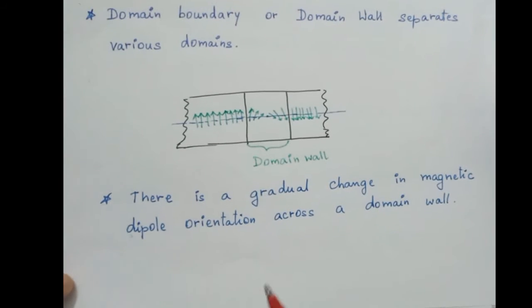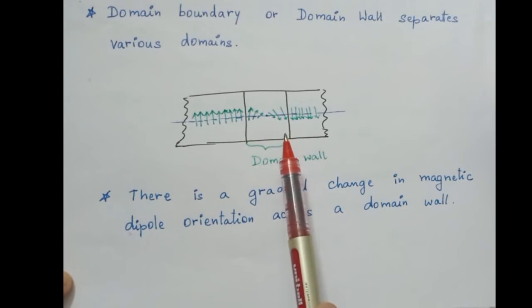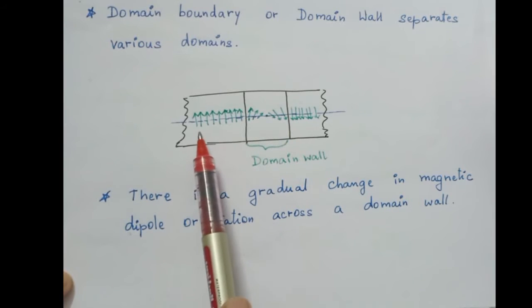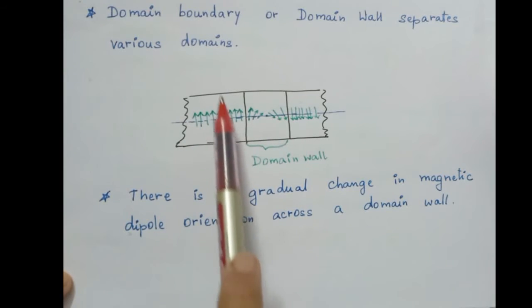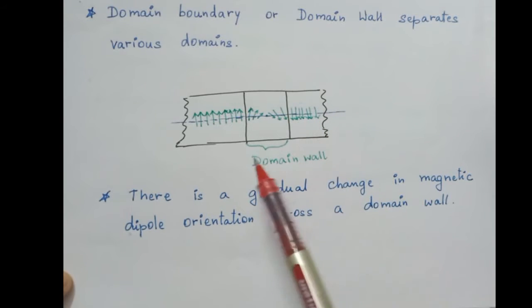Further on with domains, the domain wall is a region which is of the order of a few microns, which means there are tens of thousands of atoms in this region. And you can see in one domain the dipoles are oriented upward, whereas in the adjacent domain the dipoles are oriented downward.